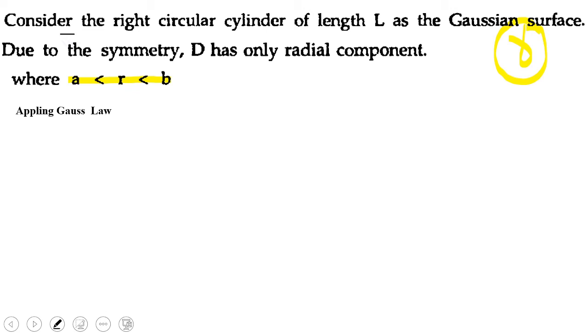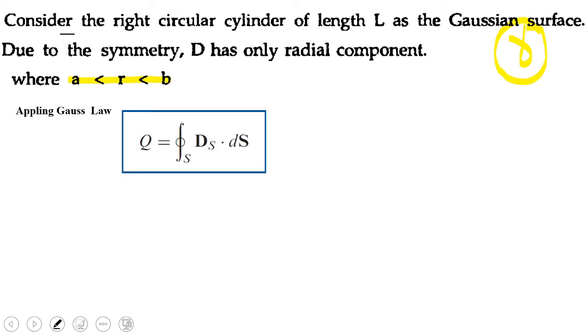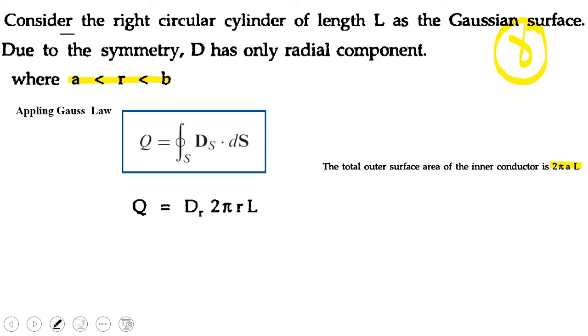Applying Gauss law, as usual we remember Gauss law. Q is equal to the surface integral of D dot dS. Now when you apply Gauss law here, instead of D we can use only the radial component, that will be D_r.